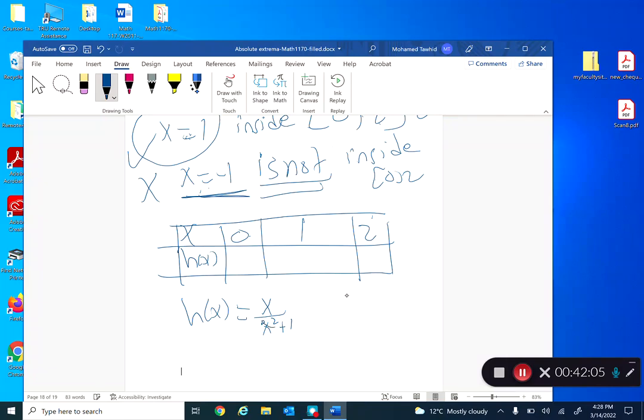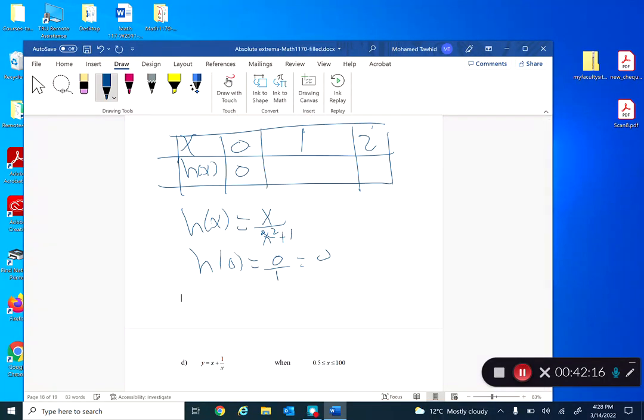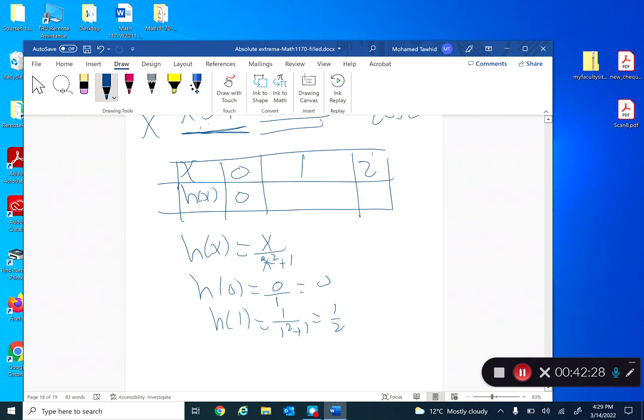So h of 0 equals 0 over 1, which is 0. So I put 0 here. Then I need to get h of 1, right? What is h of 1? It will be 1 over 1 squared plus 1, which is 1 over 2. So I write 1 over 2 here.